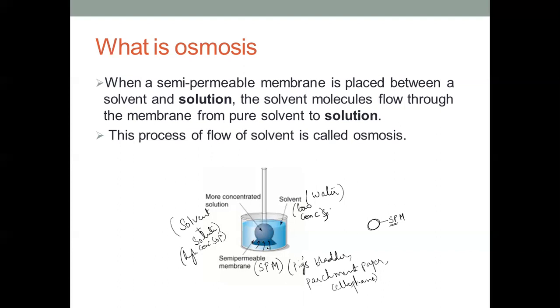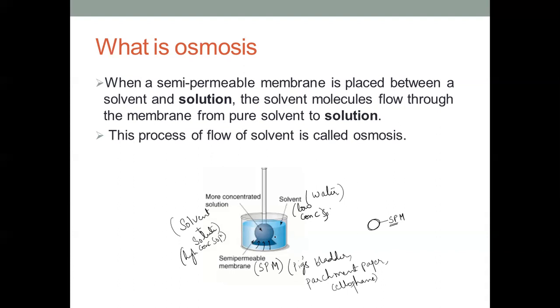Since the semi-permeable membrane allows the movement of only solvent molecules, the solvent molecules will move from outside to the inside of this funnel, right? Till when will it move? Till equilibrium is reached. That means till the concentrations become equal inside and outside, the solvent molecules will move inside.